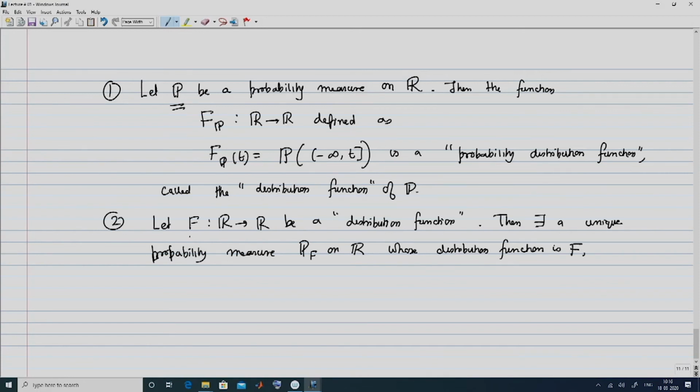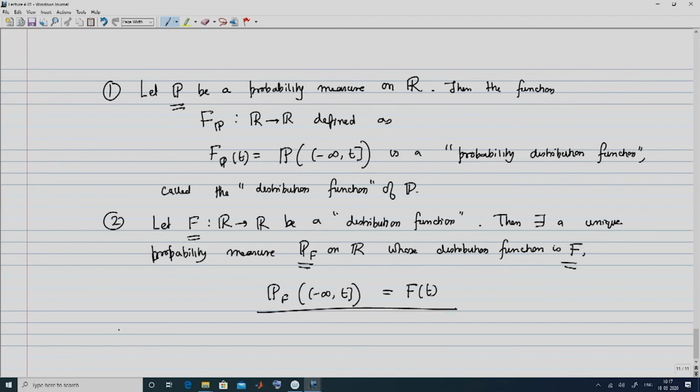That is, if you are given a distribution function, then there will exist a unique probability measure whose distribution function is f. So, that means when you are given an f of t, you can find a probability measure P_f such that P_f of (minus infinity, t] is equal to f of t.